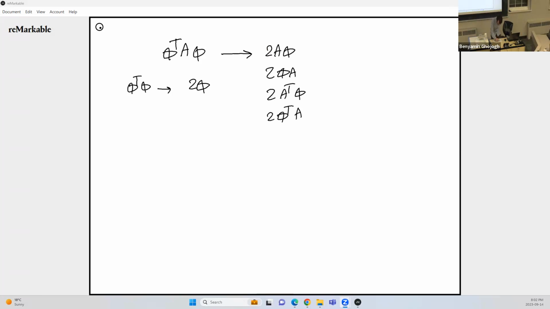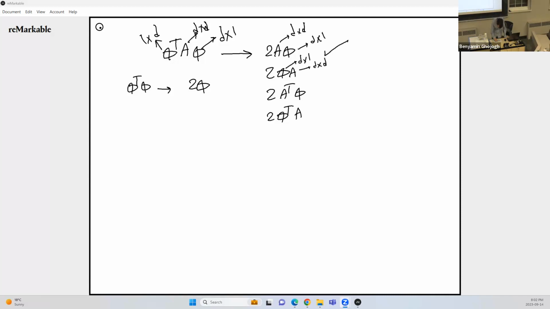What is phi? It is D by 1. What is A? D by D. What is phi transpose? 1 by D. Here it is D by D. It is D by 1. It mathematically makes sense. Here it is D by 1.